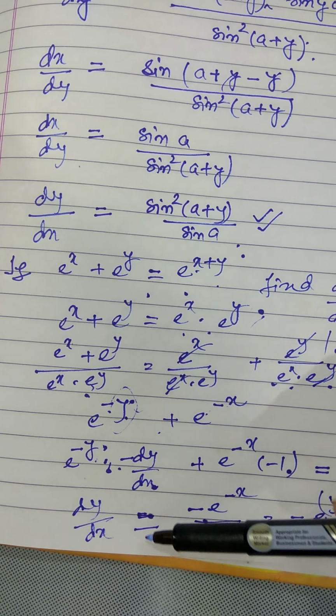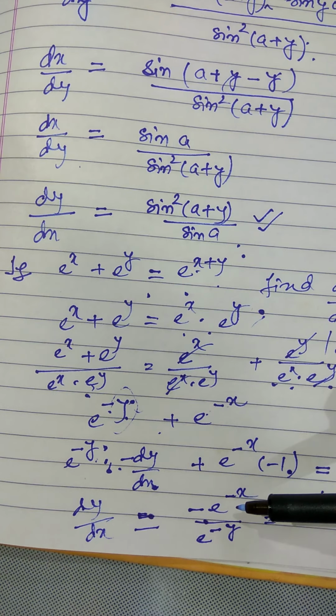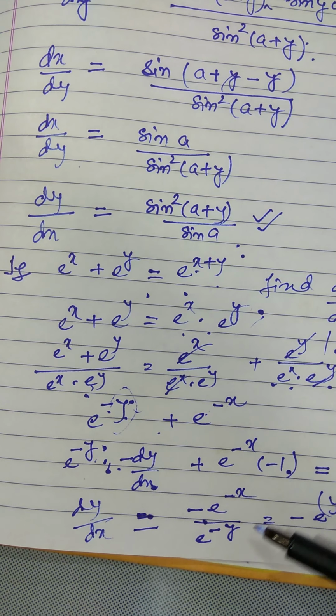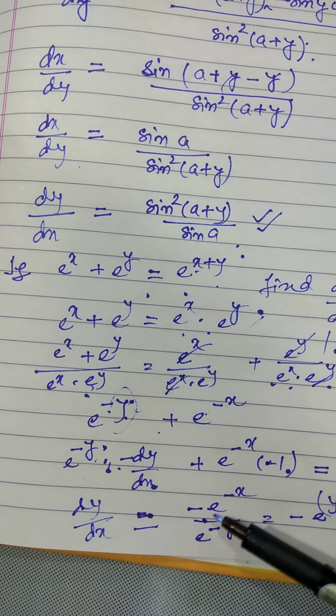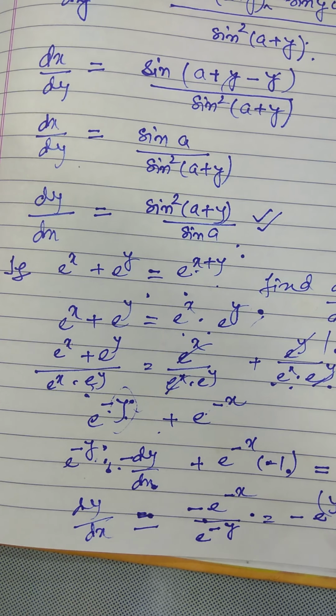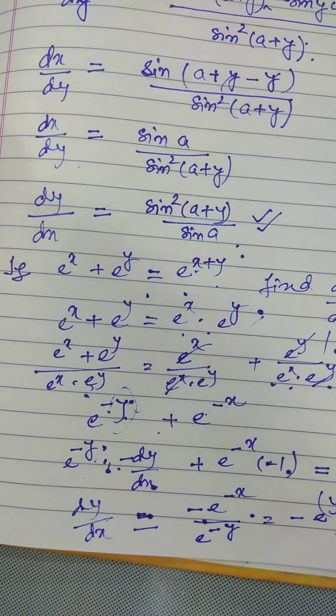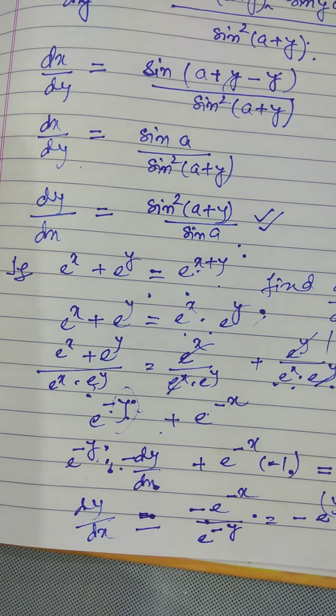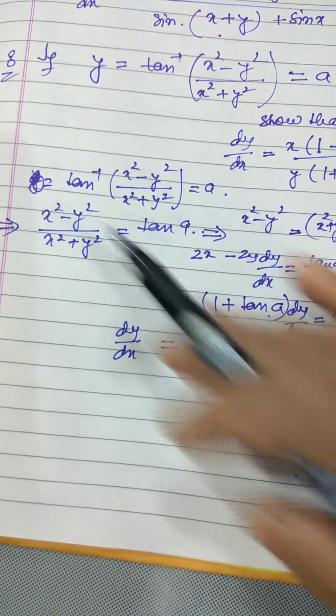So dy/dx is e^(-x) upon e^(-y), with a minus sign. So this is -e^(y-x). So you see, we are using simple tricks to differentiate the implicit function.